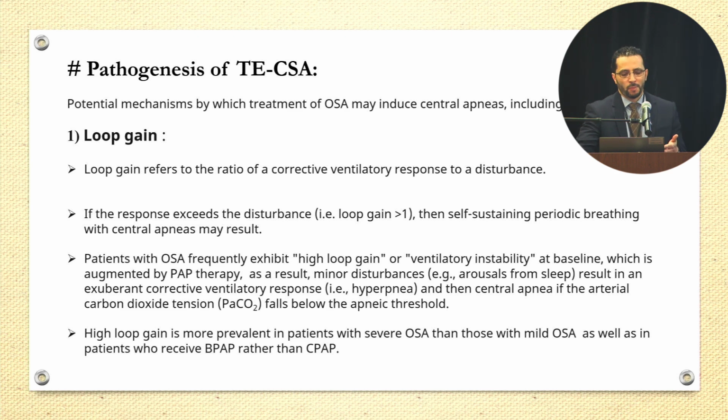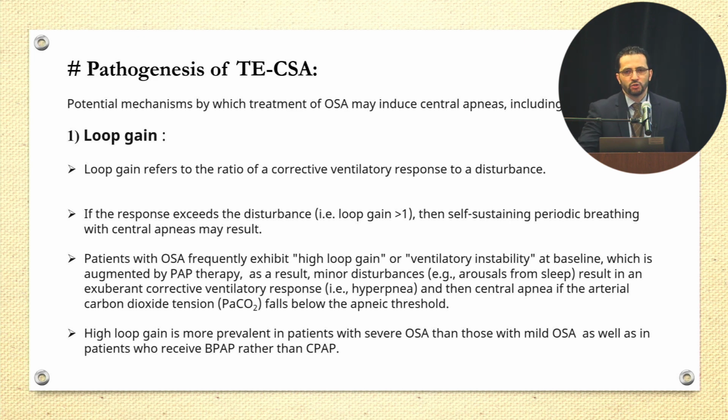So if you have arousals, overbreathing washes out the CO2 to a subthreshold level, and the patient will have a central episode, and that will accumulate some CO2, and again, that will cause your patient to have on and off hyperbreathing and centrals.